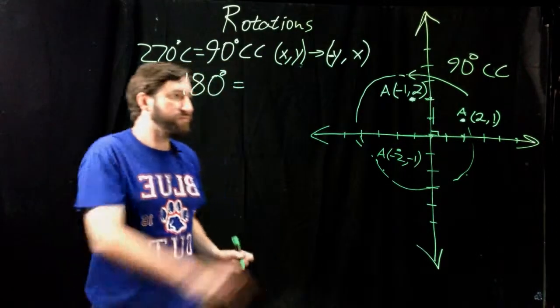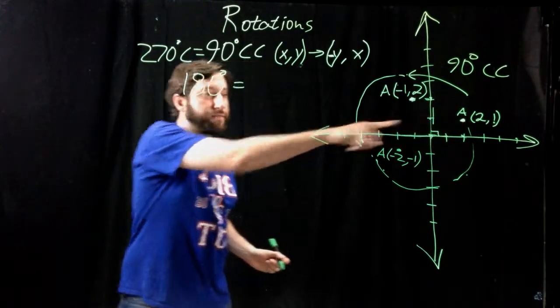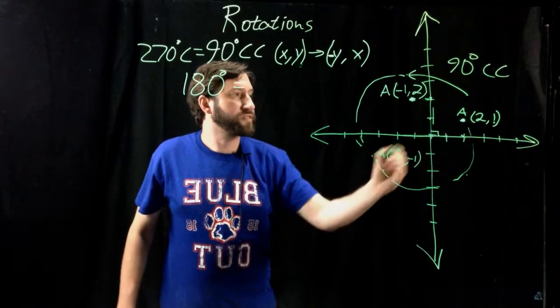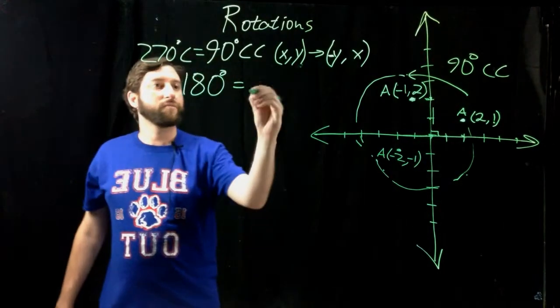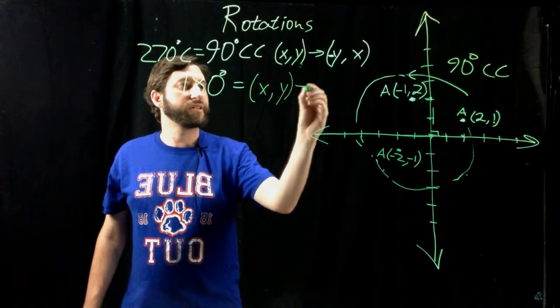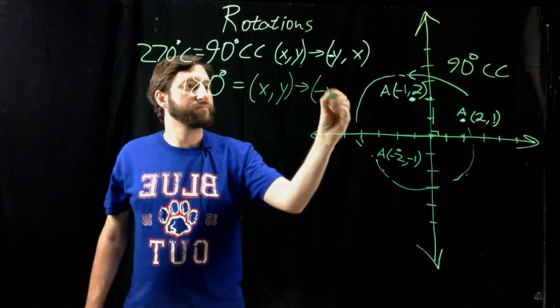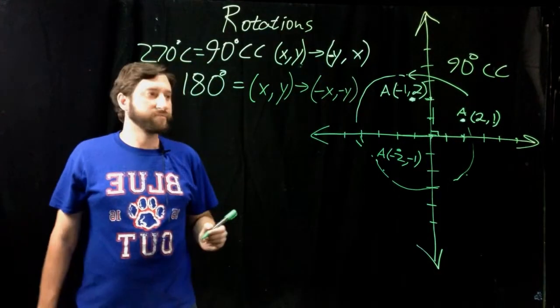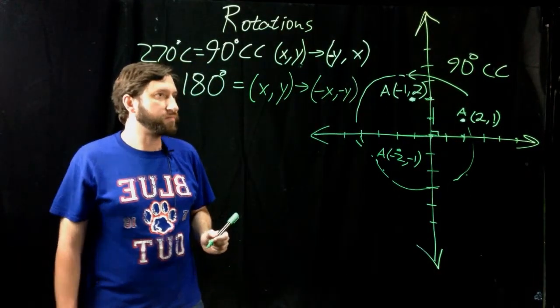Look at what happened. I didn't flip the x and the y. All I did was change the sign. So (x, y) becomes (-x, -y). Super easy.